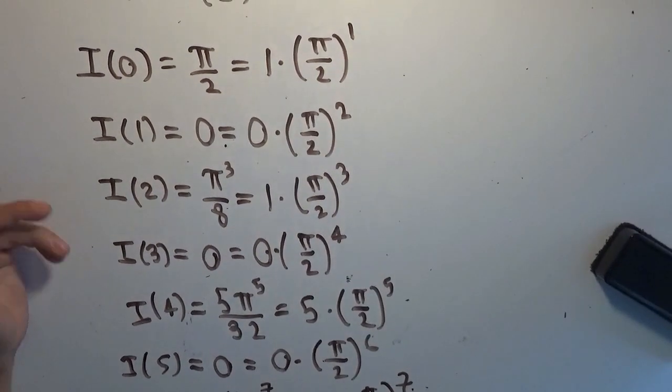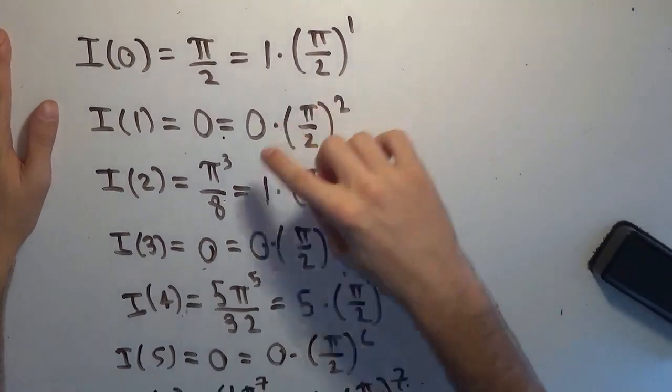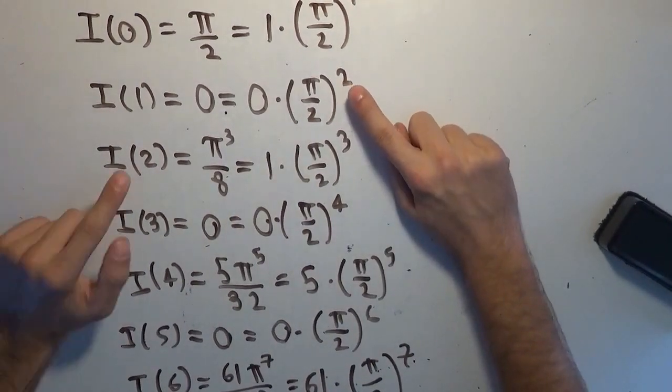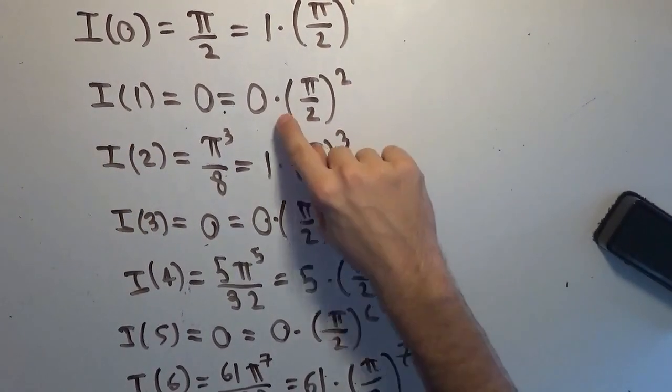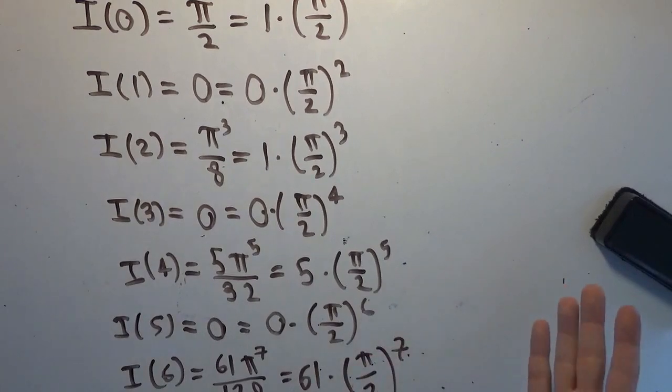We can see that in each instance, we can in fact write them as a product of some integer times a power of pi over 2, and that power is always 1 more than the input. As you can see, half the time they are 0, so it may seem like cheating to write it as a product of 0 and a power of pi over 2, but it's still true.